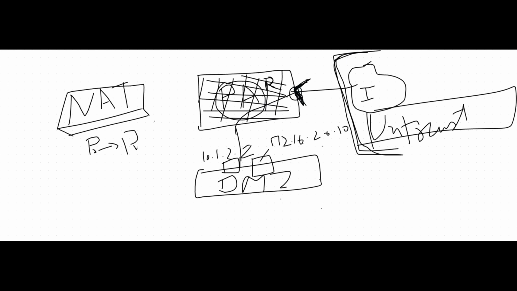Sir, may I ask a question? That was very basic. Sure. Can you tell me the difference between UTM and next generation firewall? Right, there are basically two major differences between a UTM and a next generation firewall. In UTM, you buy the blades.